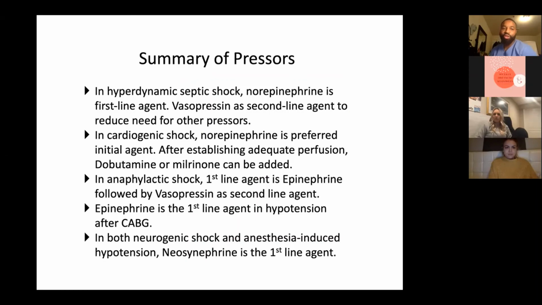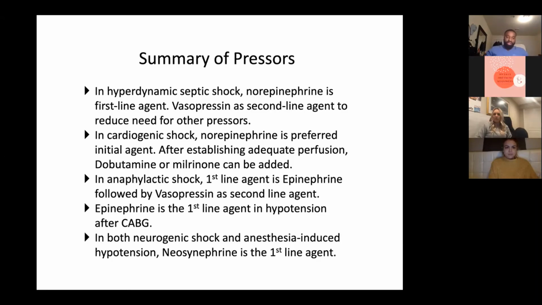So, summary of pressures. In hyperdynamic septic shock, norepinephrine is the first-line agent, with vasopressin as a second-line agent to reduce the need for other pressures. In cardiogenic shock, once again, norepinephrine is the preferred initial agent. After establishing adequate perfusion, dobutamine or milrinone can be added.